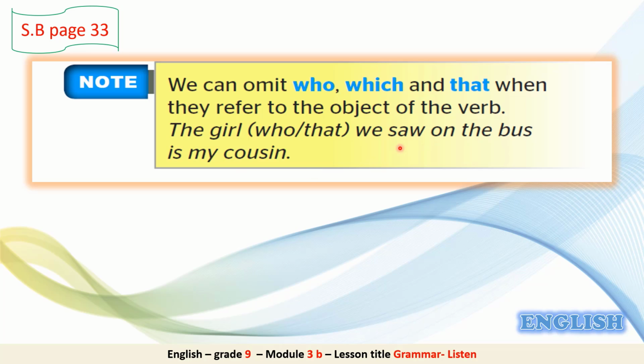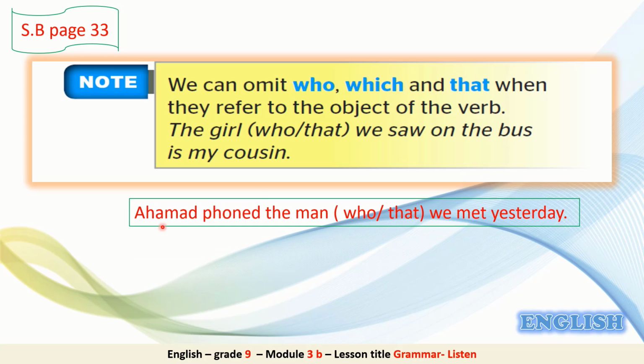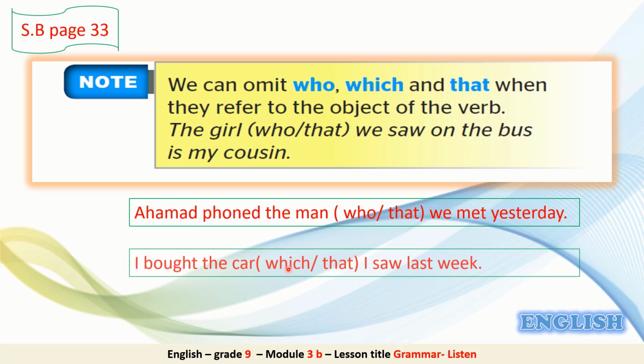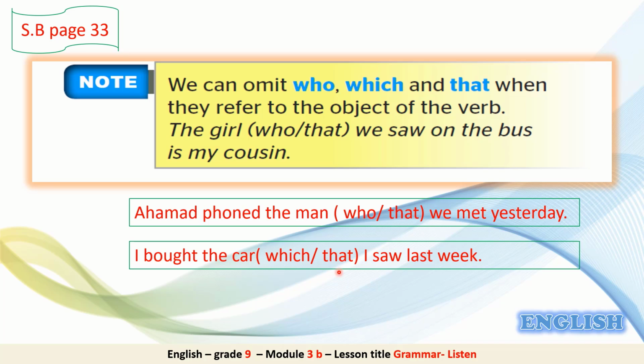Let's have a look at more examples. For example, Ahmed phoned the man we met yesterday. We met whom? We met the man. So the man here is the object of the verb. In this case, we can omit who or that. Let's have a look at another example. I bought the car which or that I saw last week.